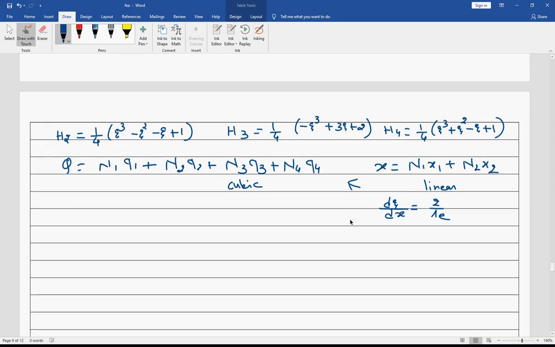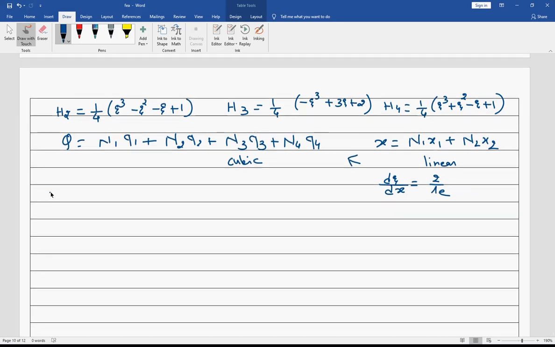Now, as far as this is considered, I could write my vertical displacement v, a function of xi, as h1 v1 plus h2.